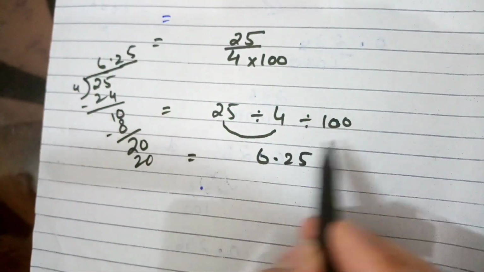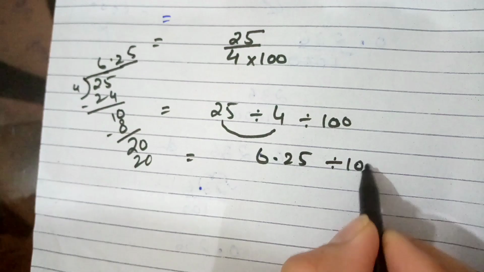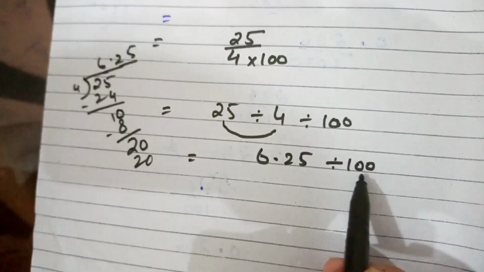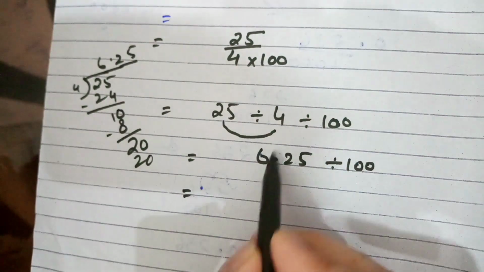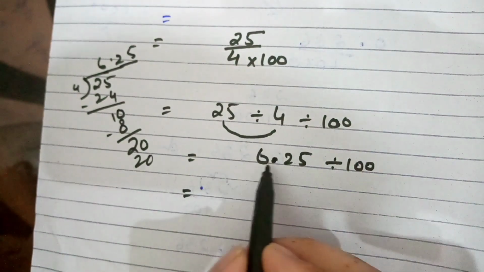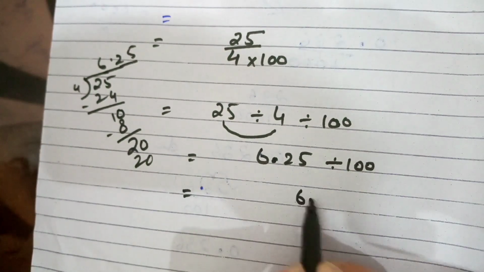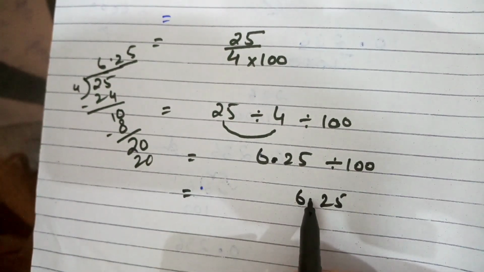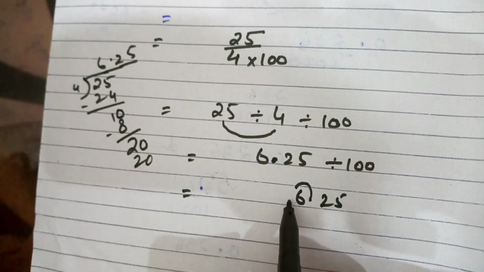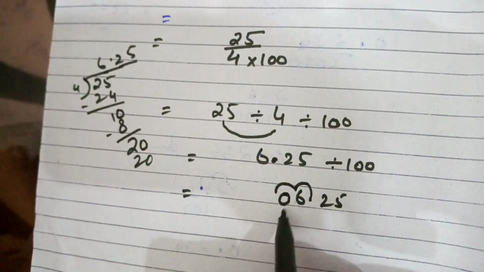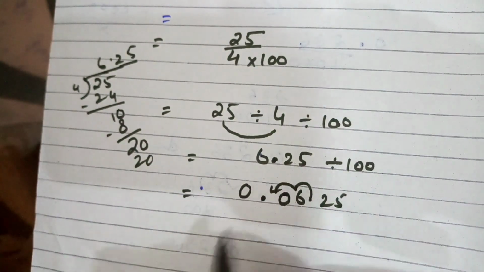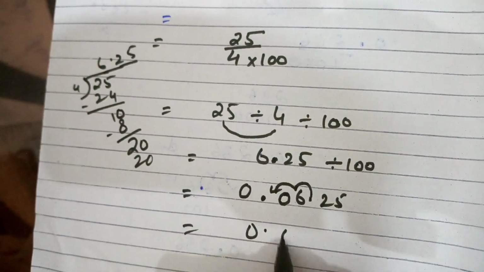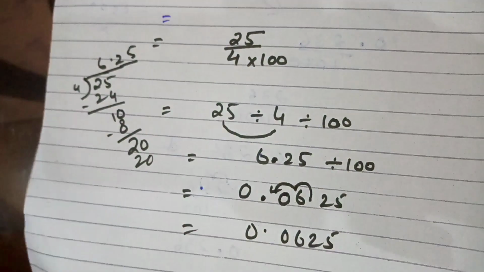Now we will divide it by 100. How many zeros do we have? We have 2 zeros. So we shift the point from here 2 digits towards the left side. 6.25. The point will be shifted 2 digits. 1, and there is no next digit, so put the 0 here. 1, 2, and after 2 digits the point will be written, and the new term will become 0.0625.